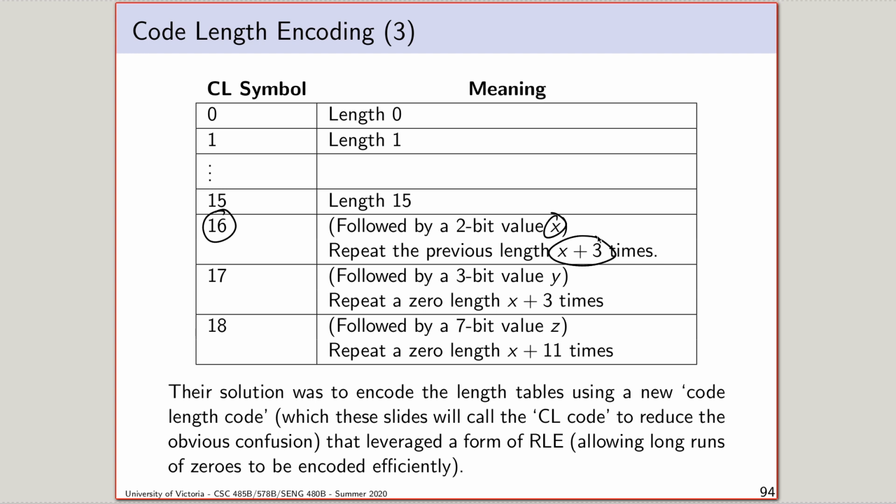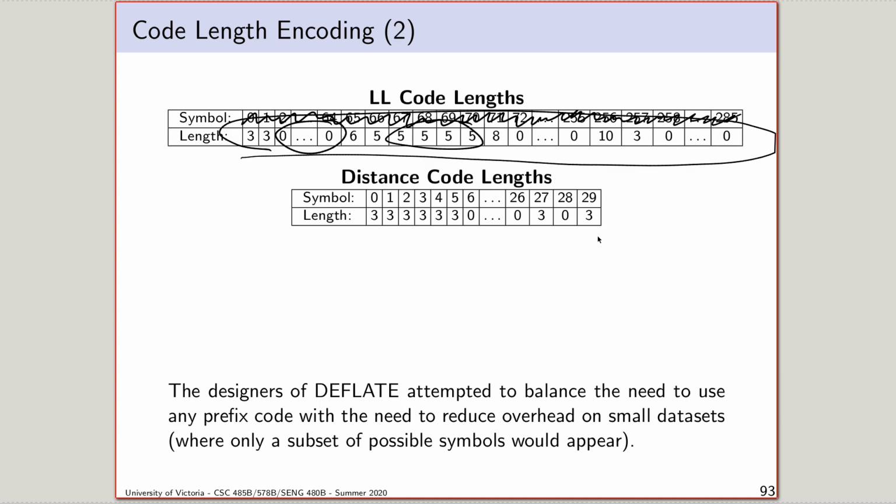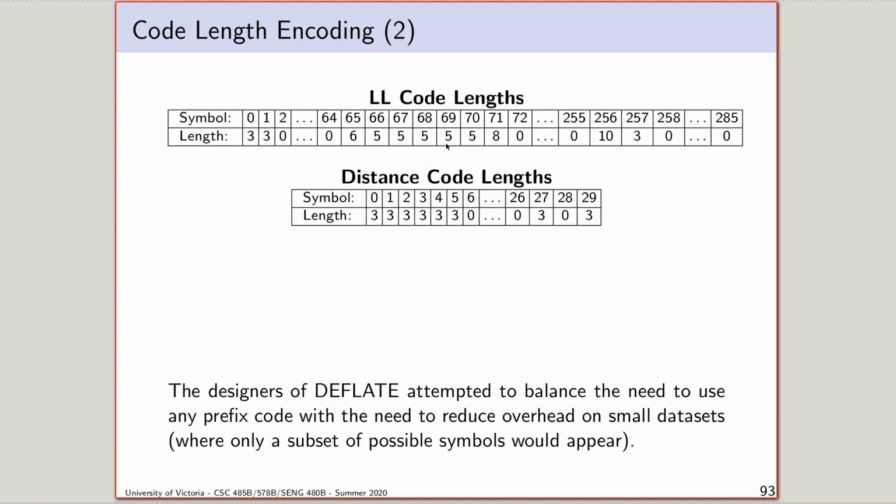So I could repeat it up to 6 times. And if you notice, that allows me to encode this long sequence of 5s. I encode a 5, and then I say, okay, here's symbol 16, x equals, sorry, it doesn't equal 3, x equals 1, because I want to encode 4 occurrences of the previous symbol. So I encoded x plus 3 times, x equals 1, that's 4. So that's one way of encoding the previous symbol.